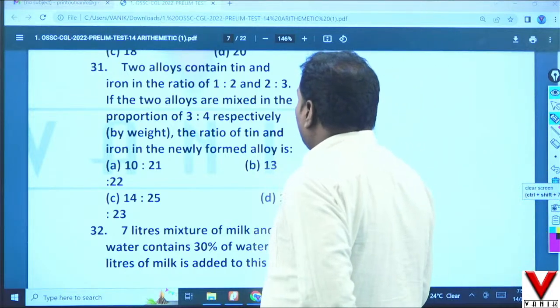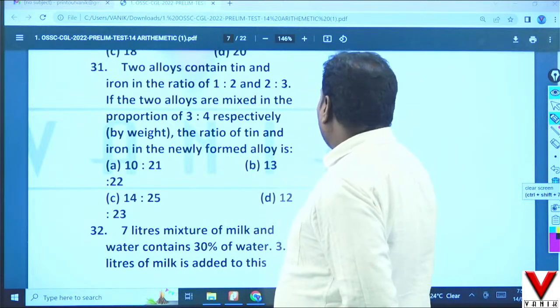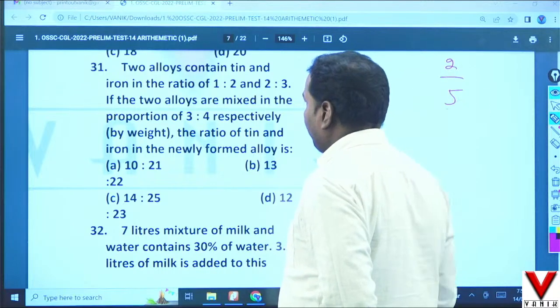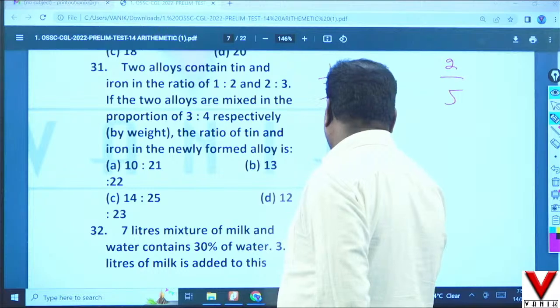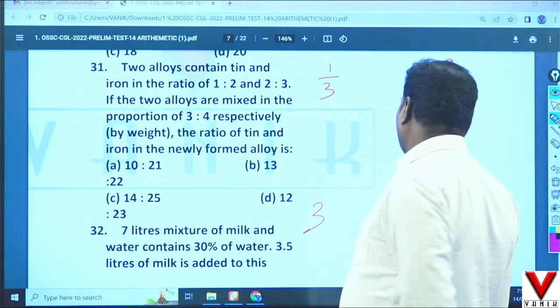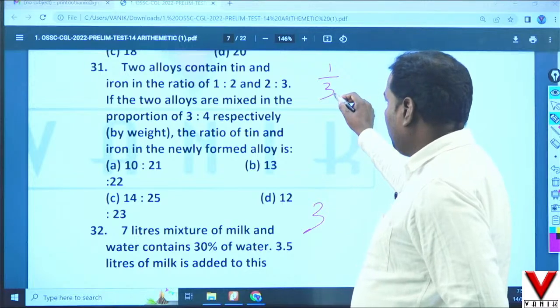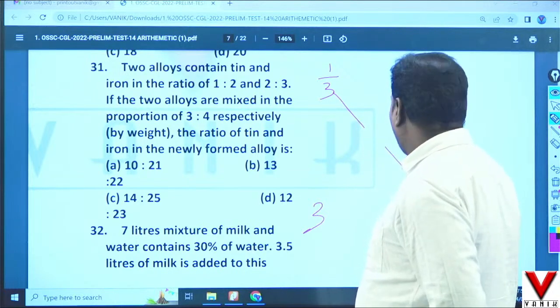Two alloys contain tin and iron in the ratio, suppose it is 1/3 and 2/5. This is mixed in the ratio of 3:4. We have to find the ratio of tin and iron in the newly formed alloy.